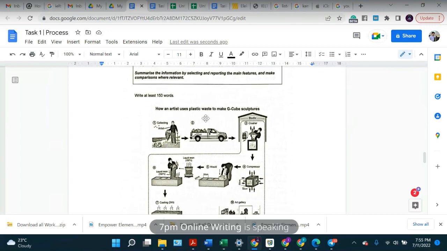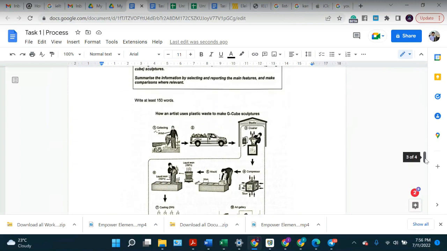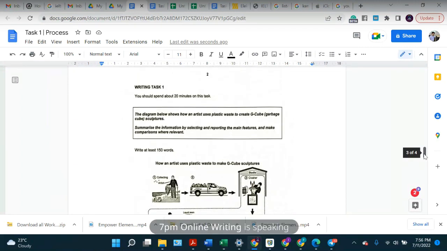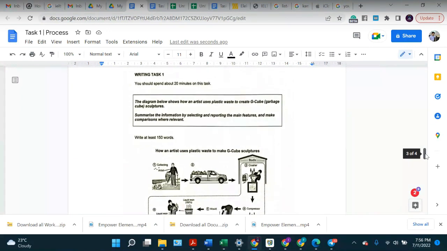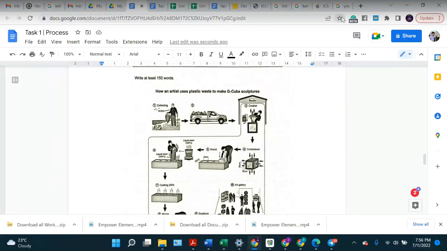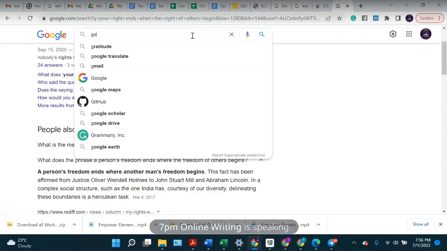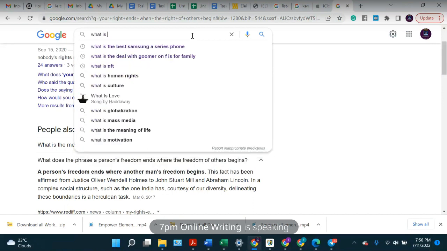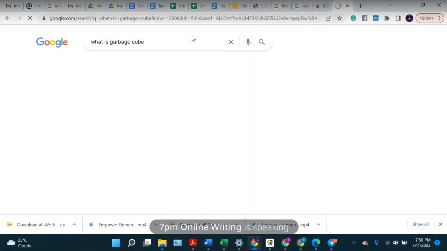How an artist uses plastic waste to make GQ sculptures. So first of all, what is a GQ sculpture? Garbage cube. Okay. So it's given as garbage cube sculptures. I think this is what they call installations, right? Kind of modern art. So maybe you want to say, what is garbage cube?